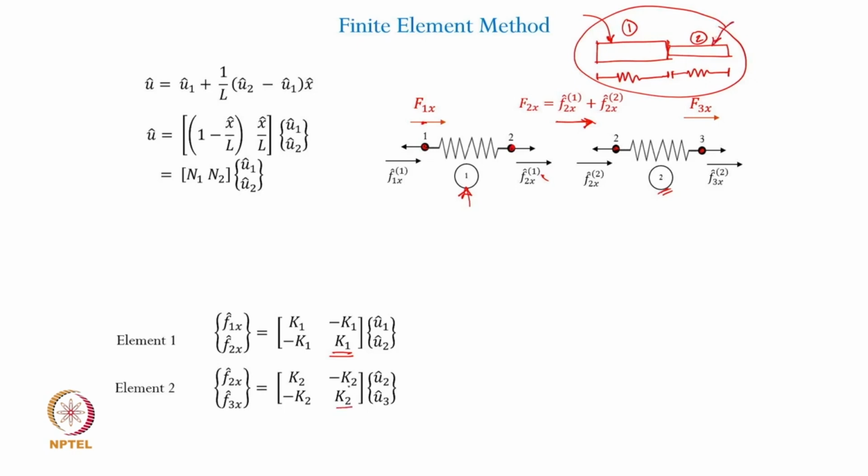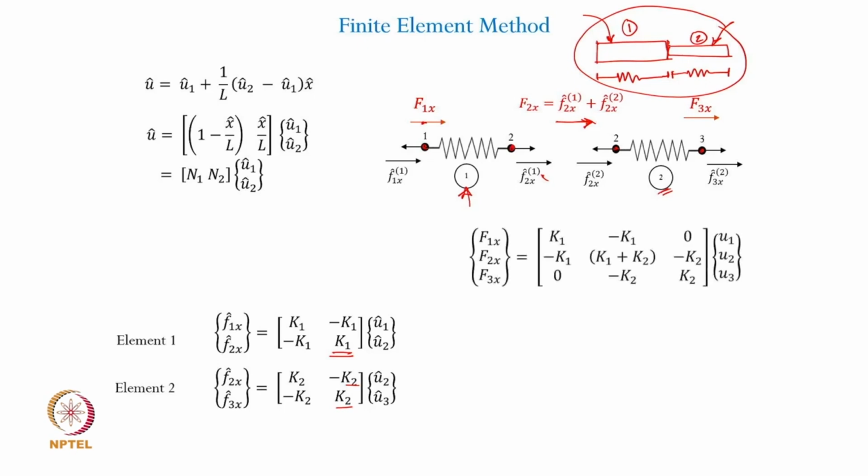So therefore you have K2 defining the stiffness of the second segment or a second finite element. Once this is done and we have the relationship of F1x, F2x and F3x, we can now define the relationship between the global forces and the global displacements at each of the node positions given by this, by assembling them together.